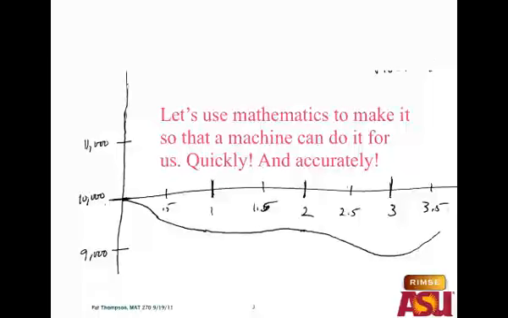So what we want is to build up the mathematics so that we can have a machine do this for us, right? Because we know that computer technology is so exceptional these days, right? So if we can build up the mathematics and tell the graphing calculator to do the mathematics that we want it to do, we just click a button and it'll crank it all out for us, okay?